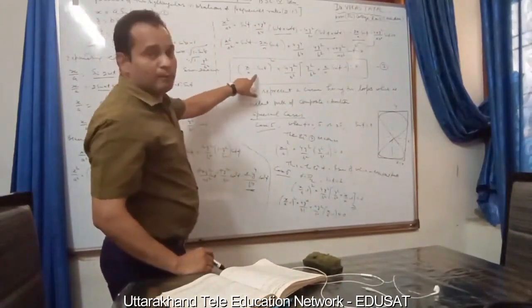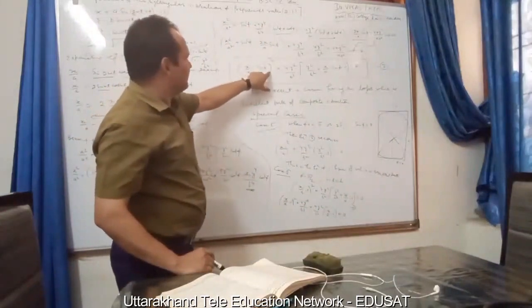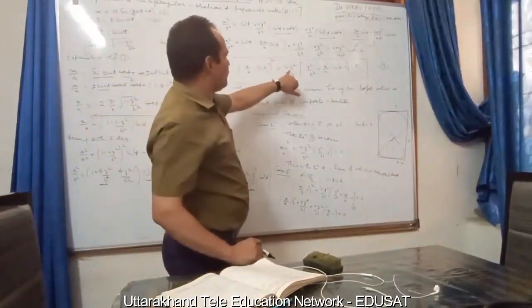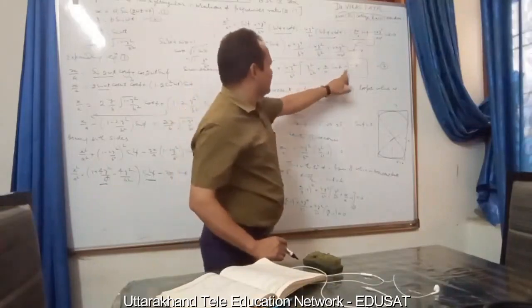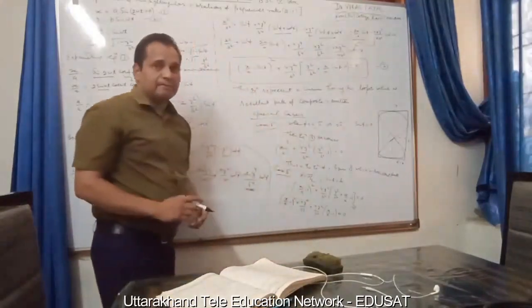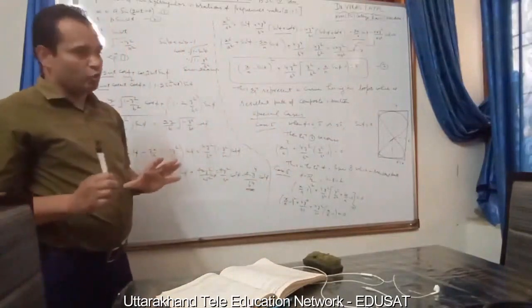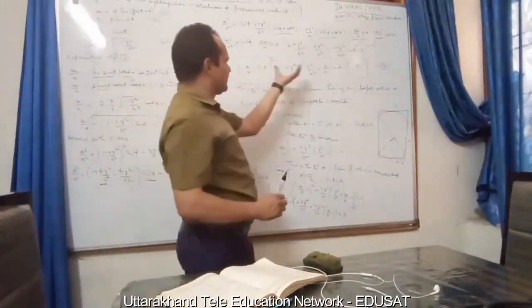This is the whole square, x upon a minus sine phi, plus 4y square upon b square is common, again y square upon b square minus this. So this equation represents a curve having two loops, that means one is here and second is here.